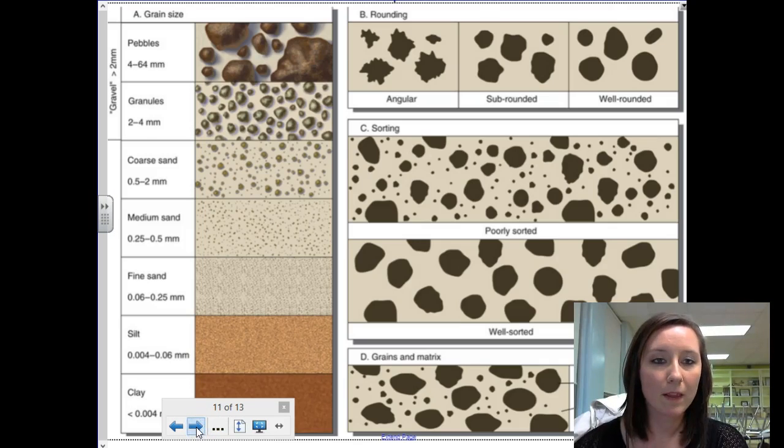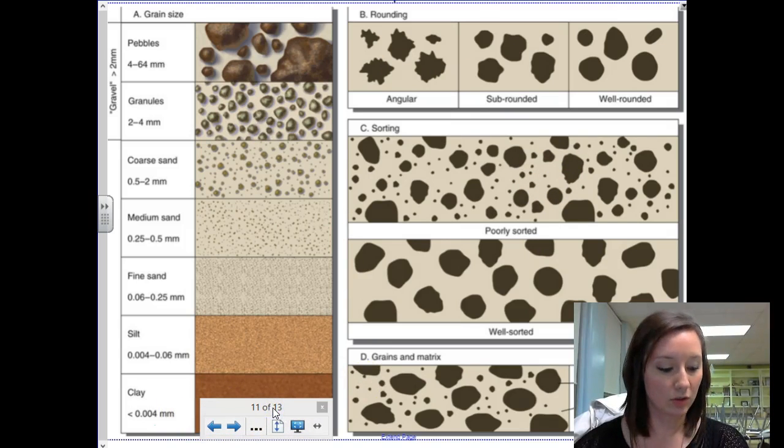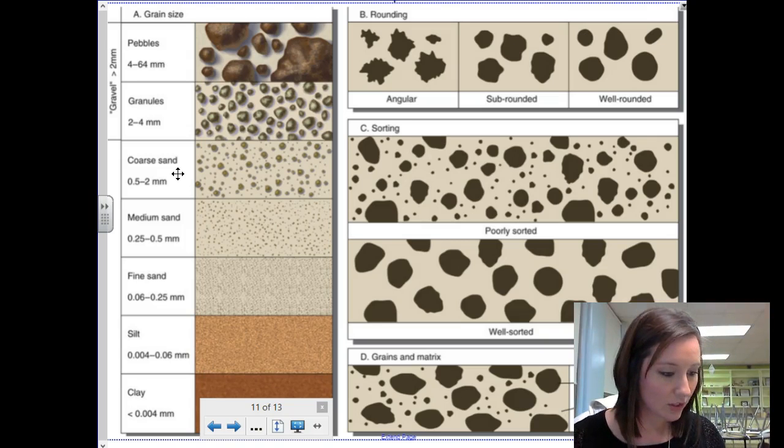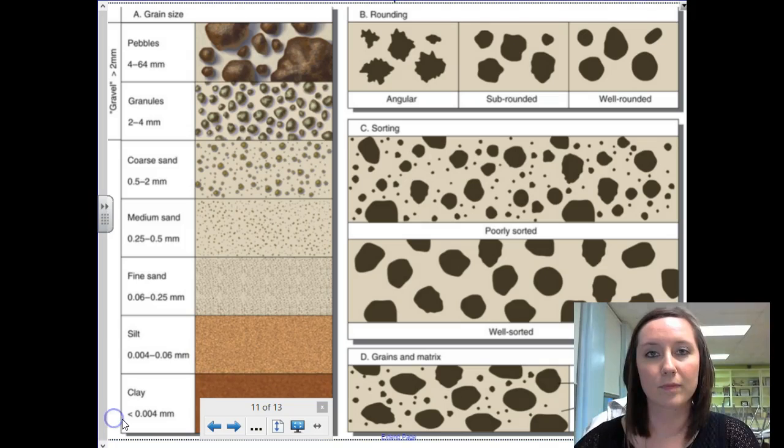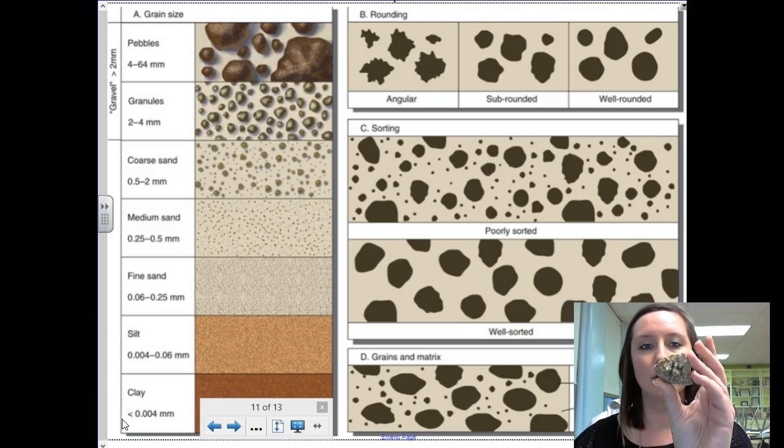So we can break this down, and we have a lot of different types of sediment that we can look at. And what's really nice is this shows you the size-wise. So right now, I want you to go pull out a ruler so that you can see for yourself how large these grain sizes can actually be. If we're looking at this rock right here, it's a little piece.